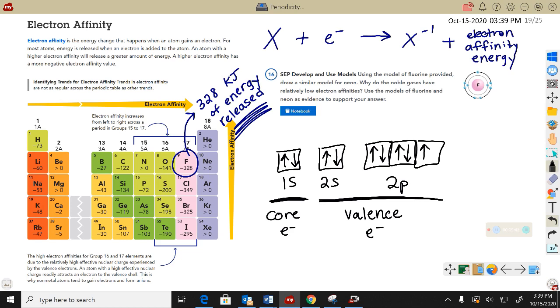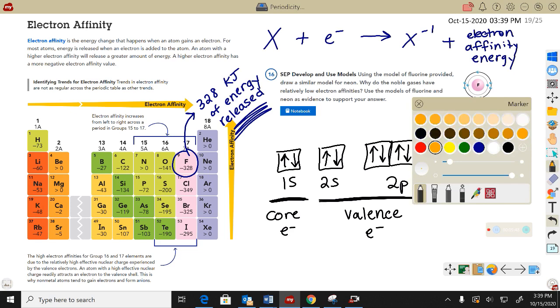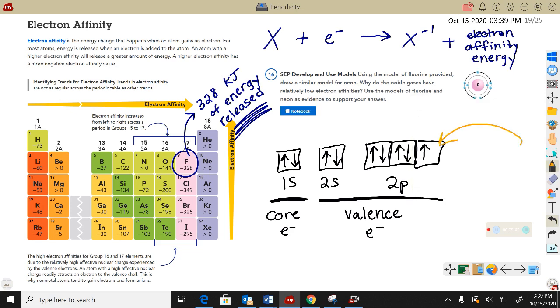Do you see what's going on right here? We're close. We've just got one hole. There's one more spot in a 2p orbital where we could gain an electron. And if we do, bazinga, we've got a full outer shell. That makes the atom stable. We could fill that second energy level by just gaining one electron. That seems pretty reasonable, right?